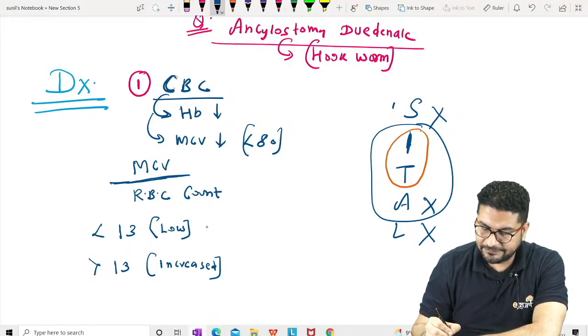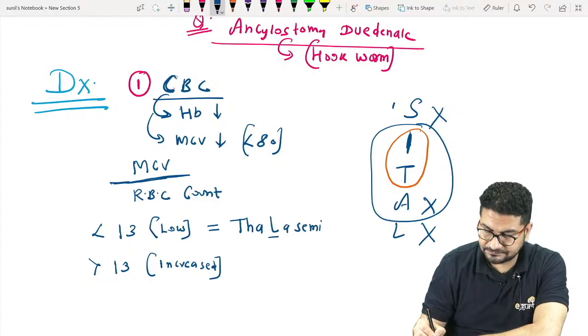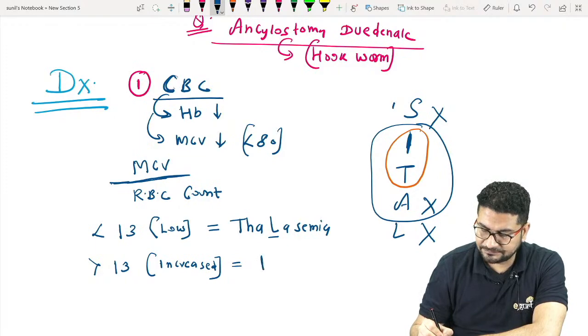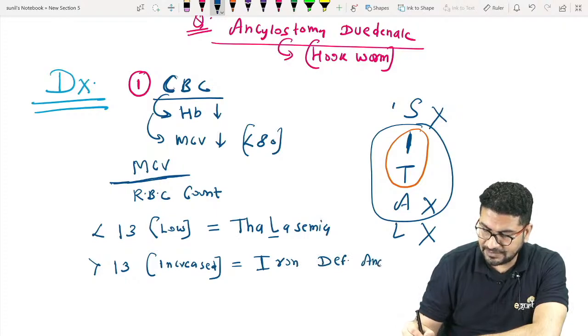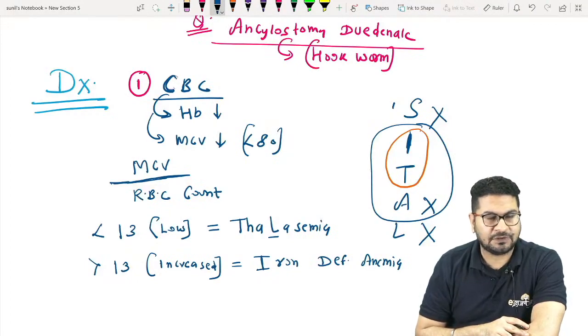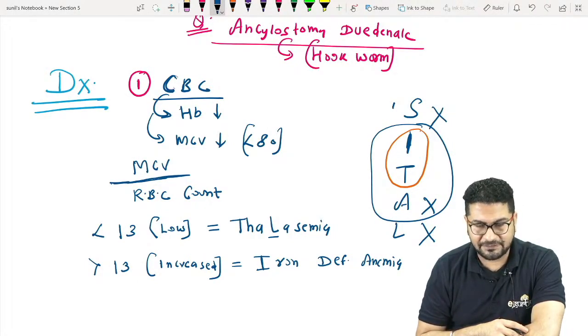Low values are seen in thalassemia. Increased values, more than 13, are seen in iron deficiency anemia. So understand this. A good doctor, a good physician, will do this, because he gets an idea: maybe it can be thalassemia, maybe it can be iron deficiency anemia.